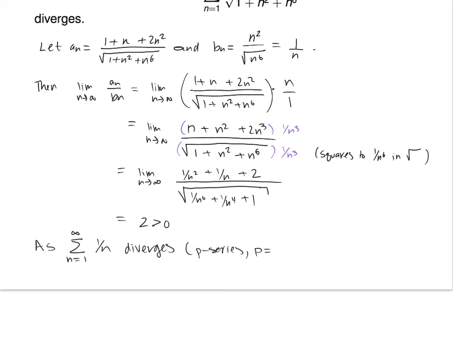We know that that guy diverges. The sum from n equals 1 to infinity of an also diverges by the limit comparison test.